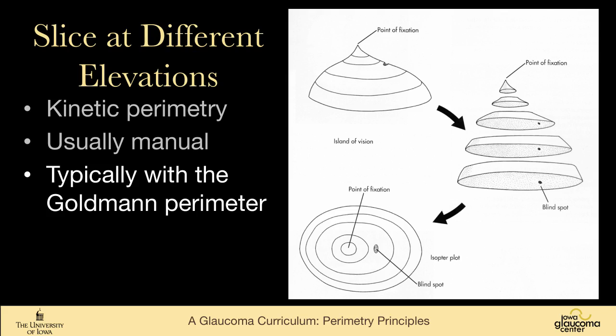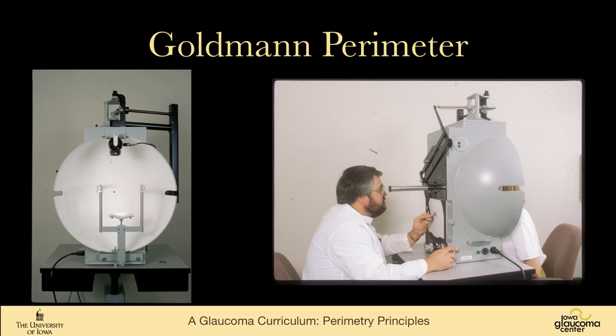You can do static perimetry on a Goldmann, but nobody does. So manual kinetic perimetry, targets are brought in until they're seen by the patient, and different size and intensity targets will map higher and higher, lower and lower on this island, and we'll show that in more detail.